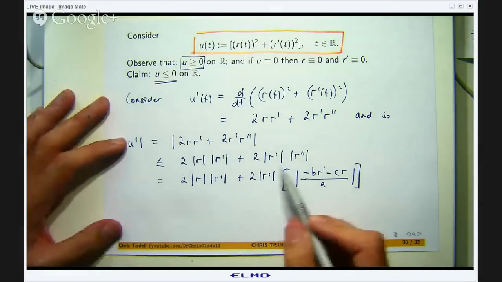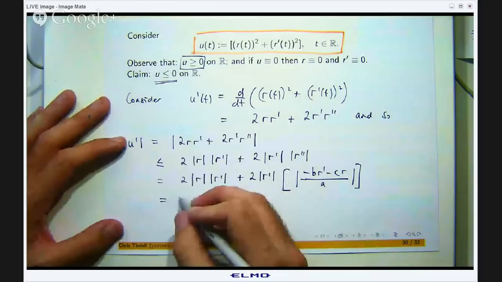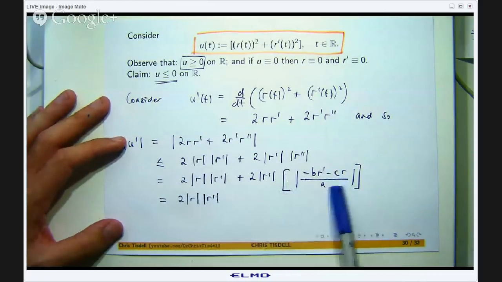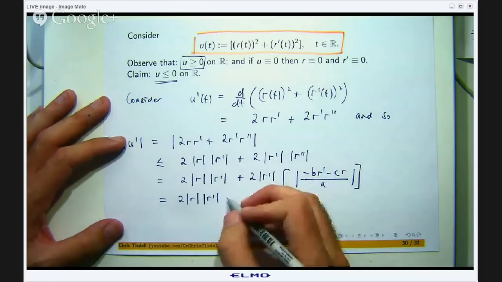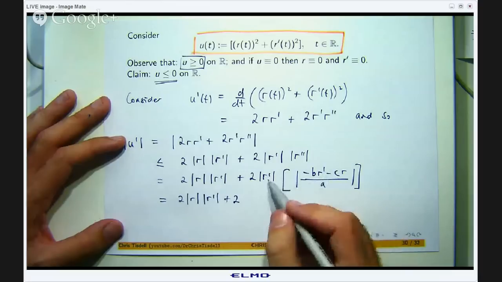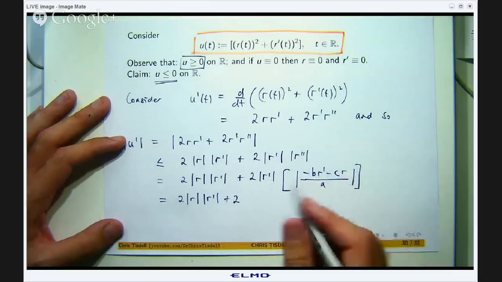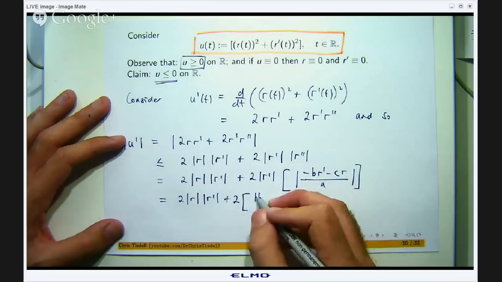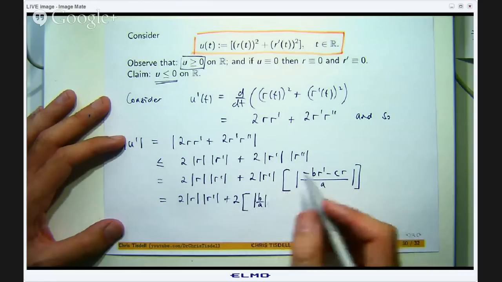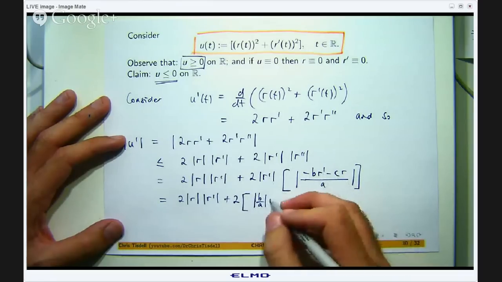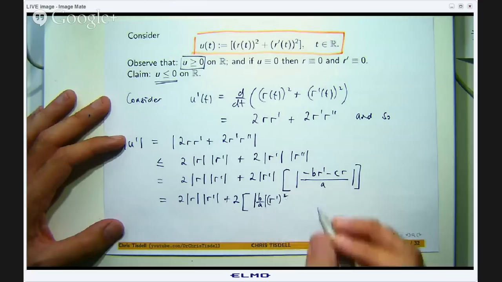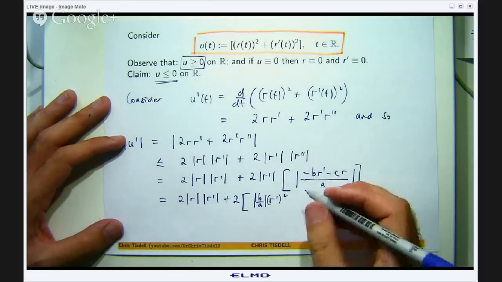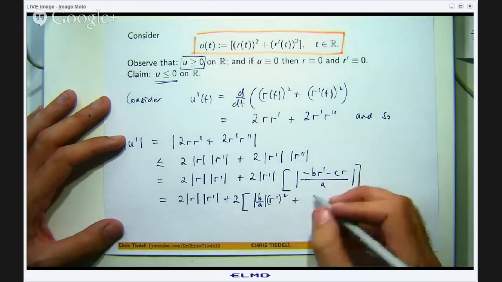Okay, so if I expand this out now, I'll get the following. And again, I'm going to use the triangle inequality here. So if I do the triangle inequality on that, I'll get something like the following. I'll get r dash squared, and this times this will give me something like the following.